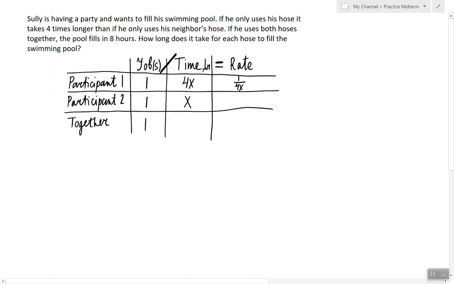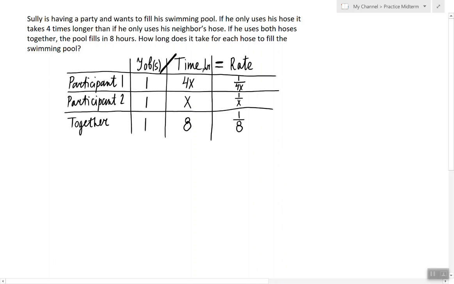So the first hose works at this rate, one pool per 4x hours. The second hose works at this rate, and altogether, what do we know about them filling the pool at the same time? It takes them 8 hours altogether, meaning they work at this rate. They do one pool in 8 hours.